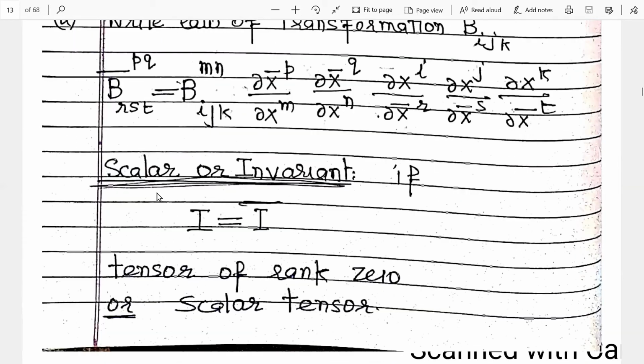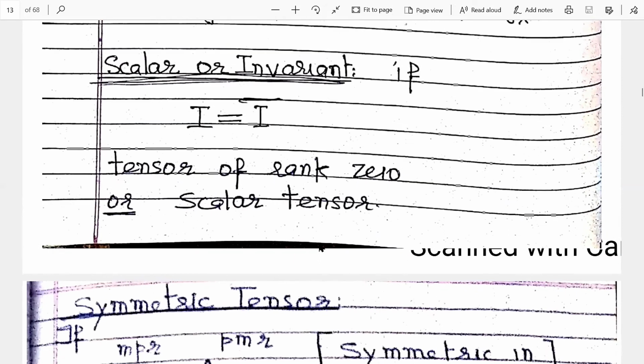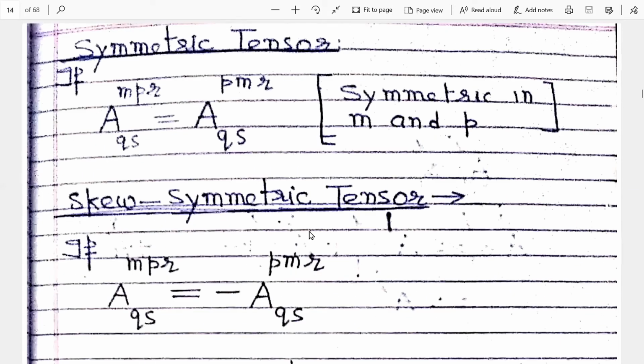If a tensor is a scalar or invariant, it means that its value in one system and in another system are equal. So these are tensors of rank 0. Now next is the symmetric tensor.